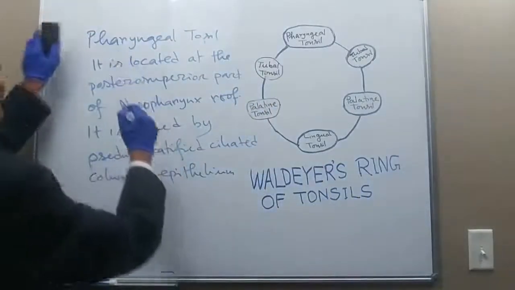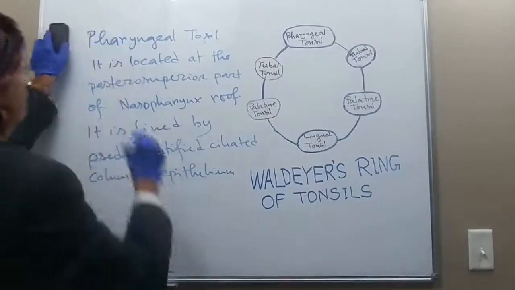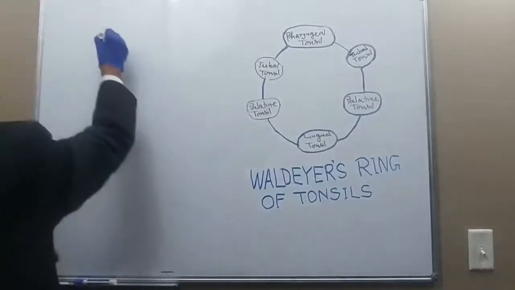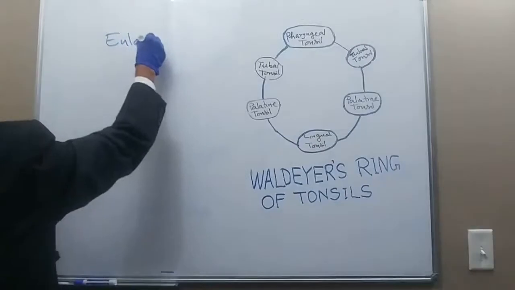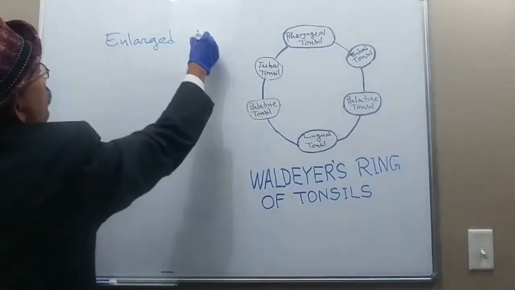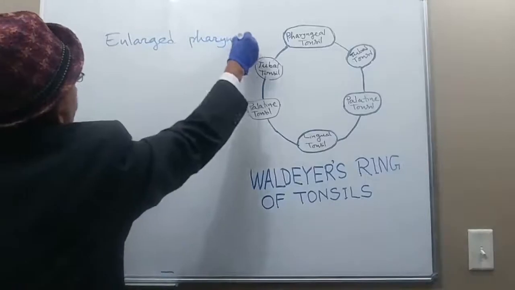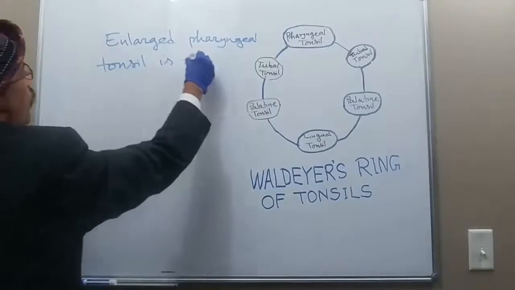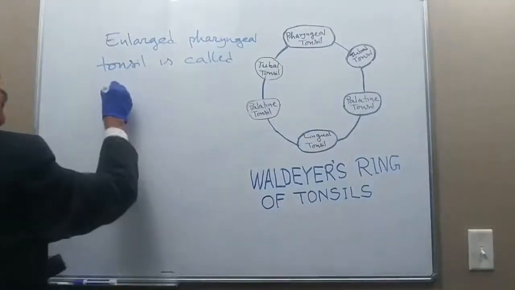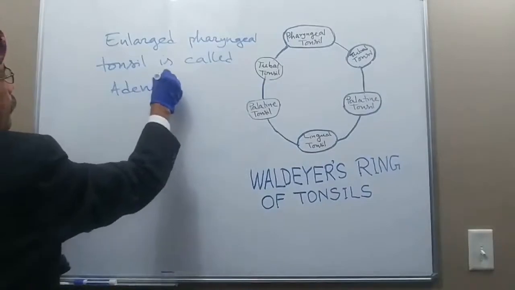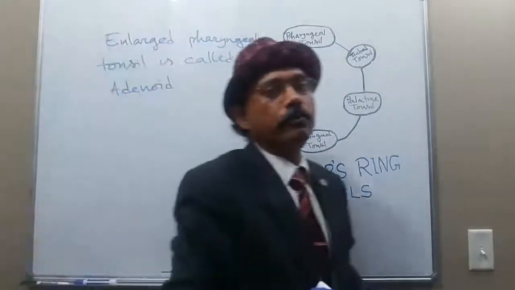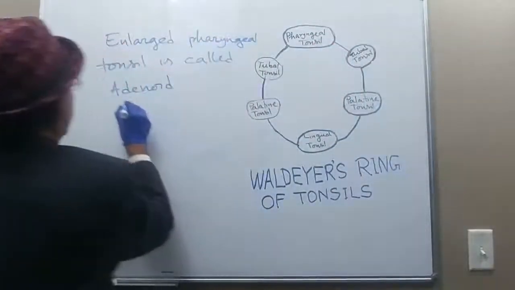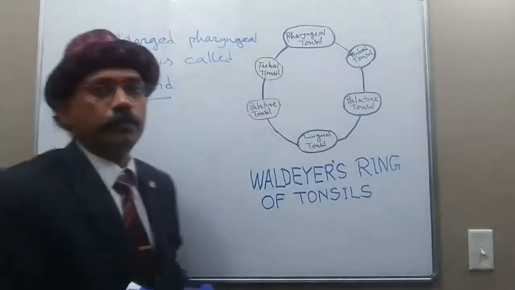Then what is adenoid? An enlarged pharyngeal tonsil is called adenoid. What are the clinical significances of adenoid? Adenoid is mostly seen in children.